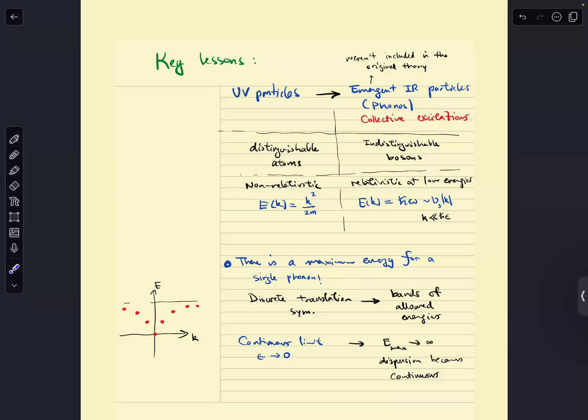So at low energies, these phonons propagate with the speed of sound, and they have a relativistic dispersion. What is a relativistic dispersion? Is that clear? Non-relativistic versus relativistic is just this: for non-relativistic dispersion, energy as a function of k is proportional to k squared, whereas with relativistic dispersion, energy is proportional to k.